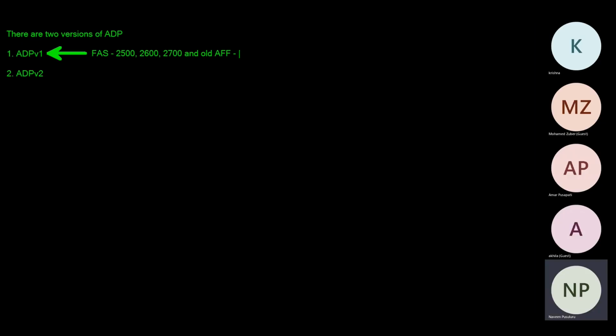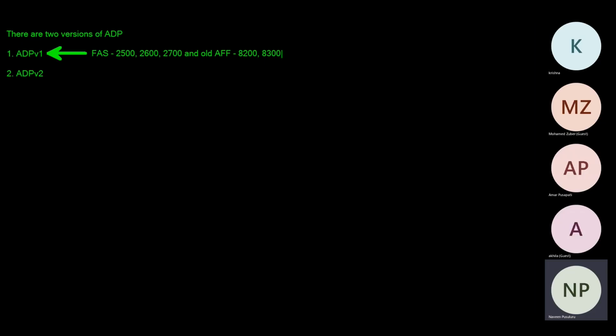But recently they started implementing ADP on high end arrays as well, like 8200, 8300. Even 9000 or 8000 series don't have ADP. They all contain non ADP disks only.